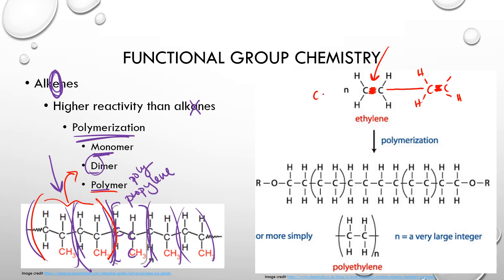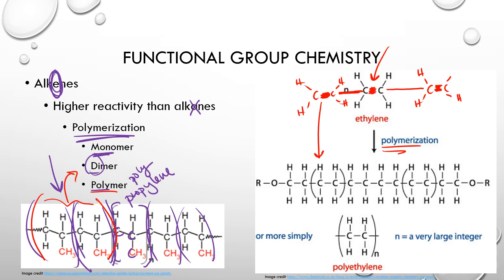Same thing over here. I have another ethylene molecule, ethylene or ethene. That double bond is going to break into a single bond and then flip around to bind to the next guy. And then we just have this crazy long repeating polymer of these ethylene or ethene molecules.